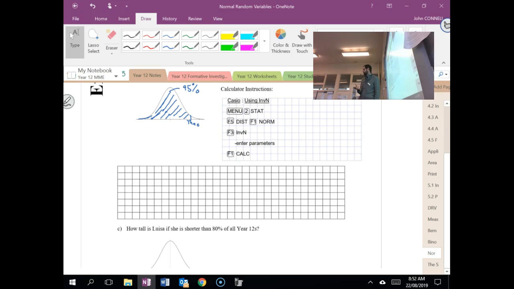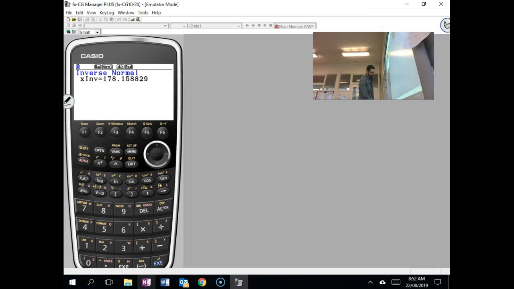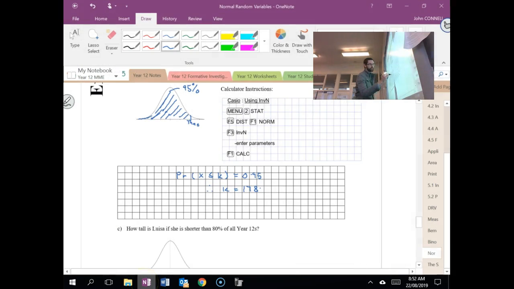That's going to count for no marks. But I can say the probability that X is less than or equal to k is equal to 0.95. k is Theo's value. So therefore k is equal to 178.16.